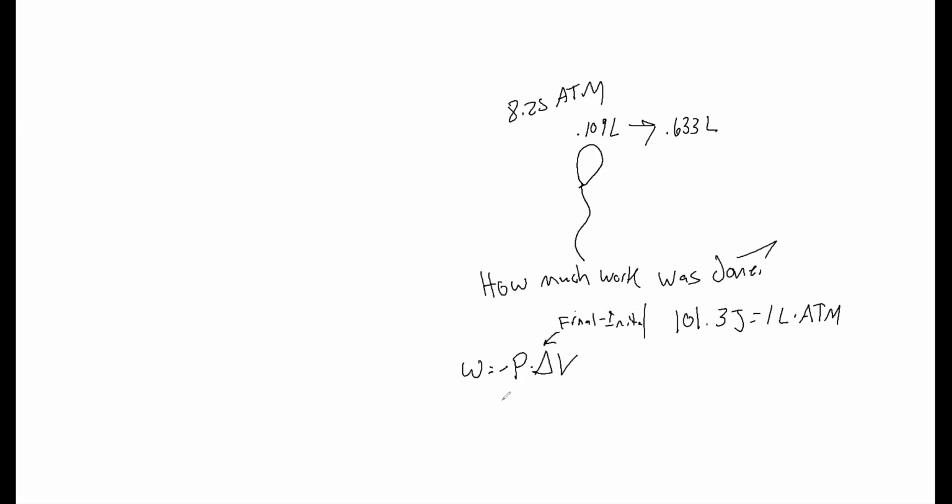So the atmosphere is negative 8.25. So that's our pressure multiplied by our final volume, 0.633, minus our initial volume of 0.109. And these are both units of liters.